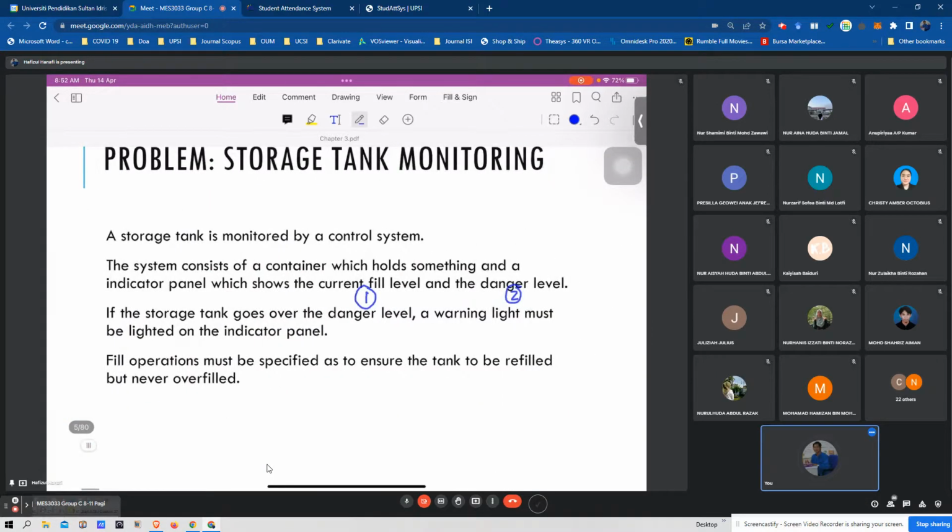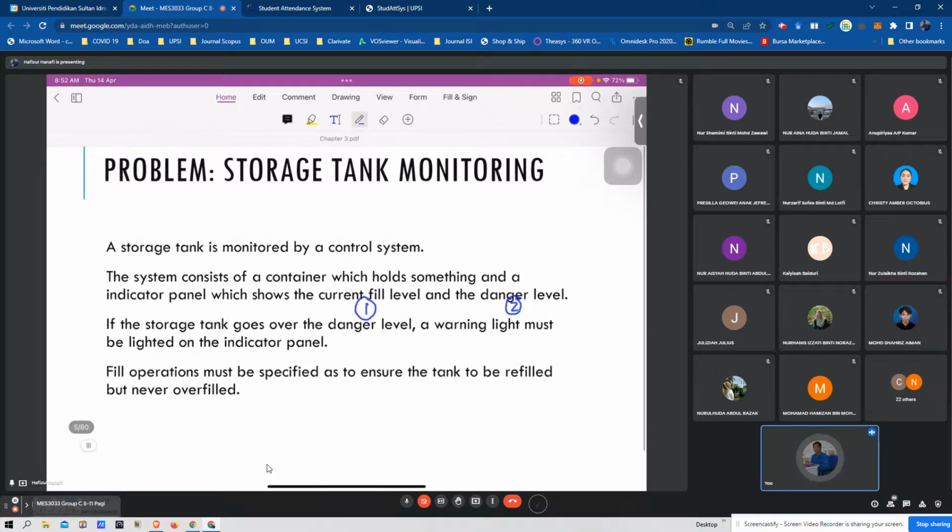Then, this one is some of the problem. Storage tank monitoring. It is monitored by a control system. The system consists of a container which holds something and an indicator panel which will indicate the current fill level and danger level. It consists of two danger levels, two conditions.